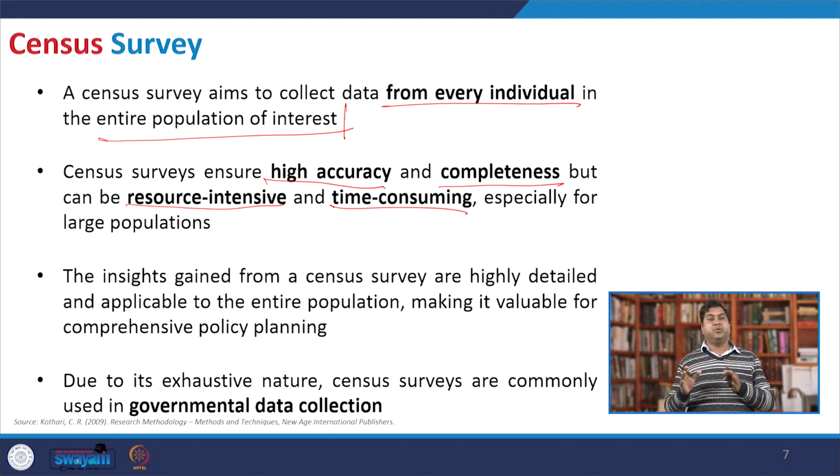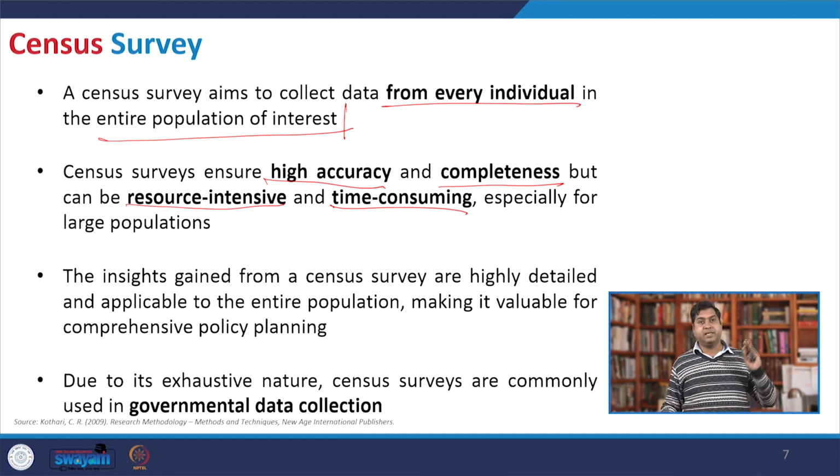If I want to do it for say 100 students or 500 students, still I can think of it. But if it depends on the population of a particular city, which is maybe around 20 lakhs, then it is not very easy to do. It needs resources and time.